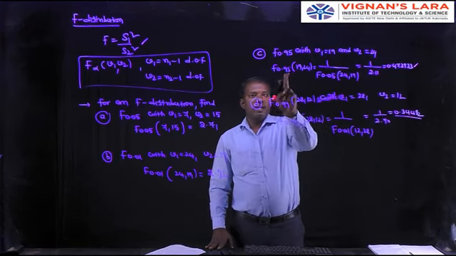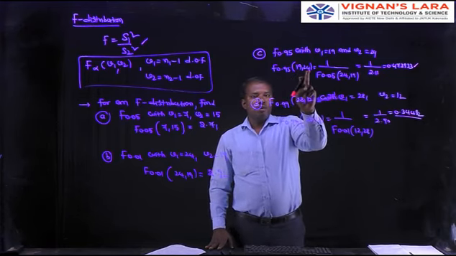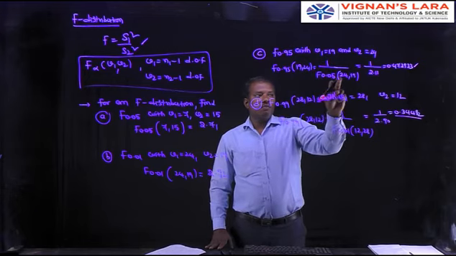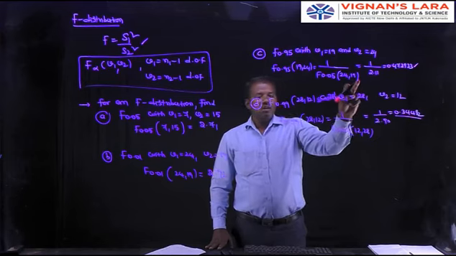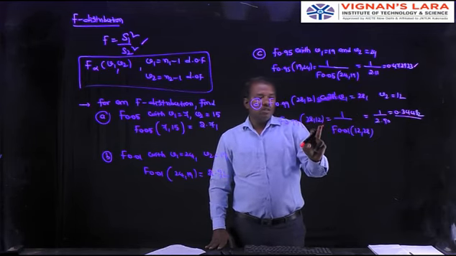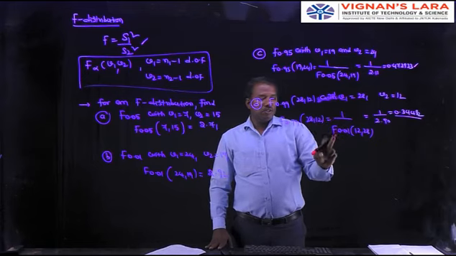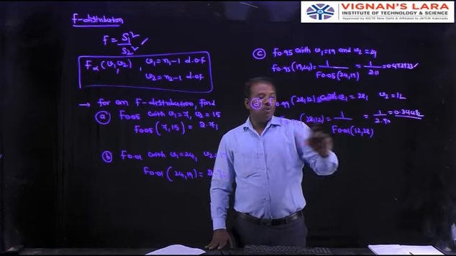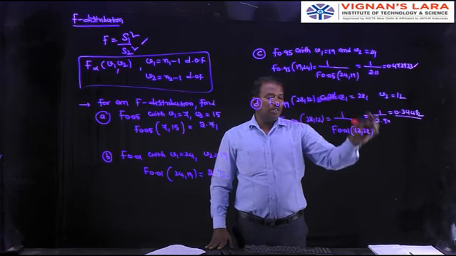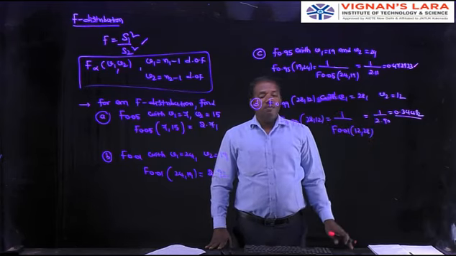F 0.95, V1 comma V2 is 1 by F suffix 0.05, V2 comma V1. F suffix 0.99, V1 comma V2 is 1 by F suffix 0.01, V2 comma V1. Then see the value from the table and take the reciprocal to get the F distribution values.